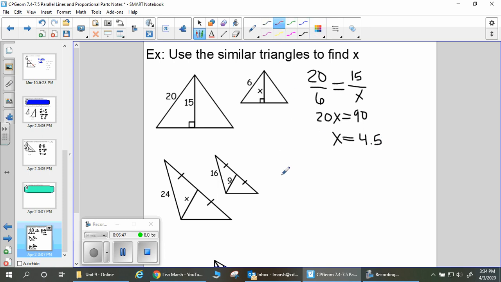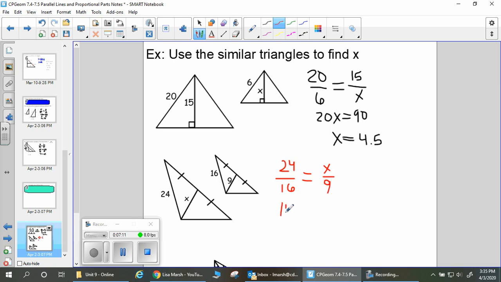This next one works the same way. This is going to be a median instead of an altitude. I'm not making a right angle. I'm making two congruent pieces, but the process is the same. Your 24 matches up with the 16 to make one fraction, and your X matches up with the 9.